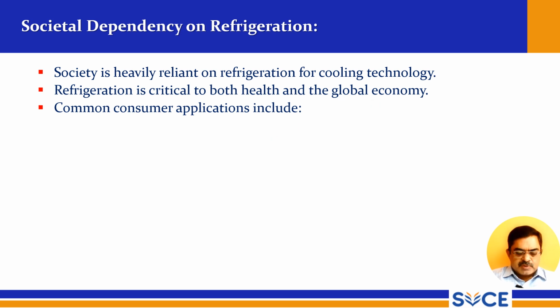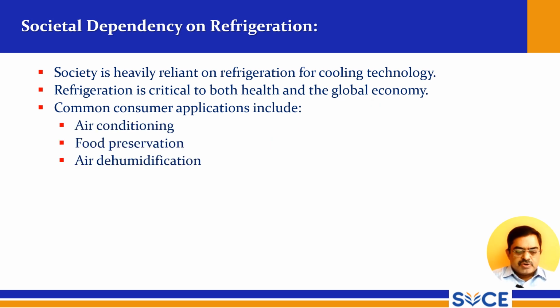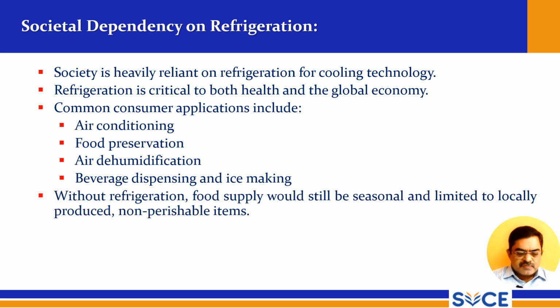So common consumer applications include air conditioning, food preservation, air dehumidification, beverage dispensing and ice making. Without refrigeration, food supply would still be seasonal and limited to locally produced non-perishable items. So here, without refrigeration, all these things are not possible.